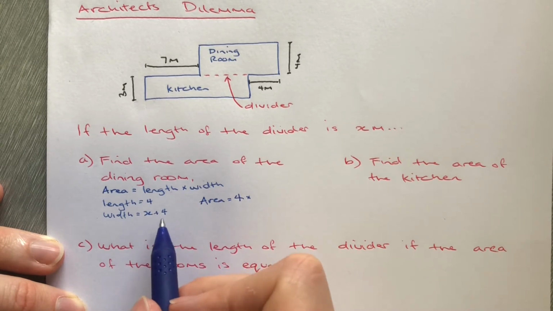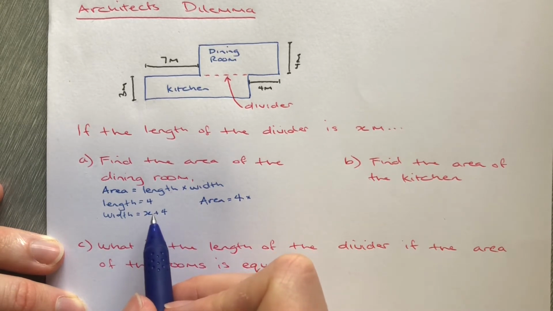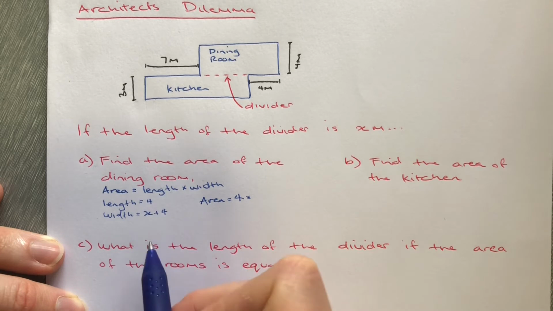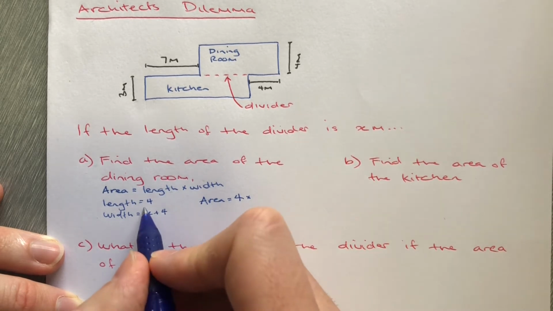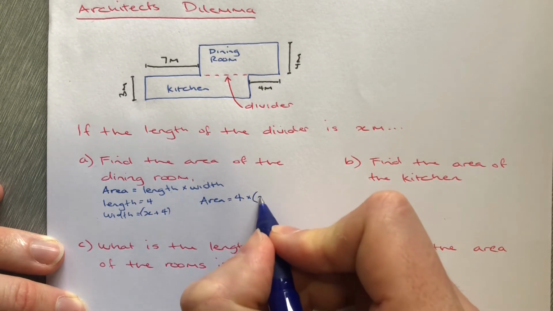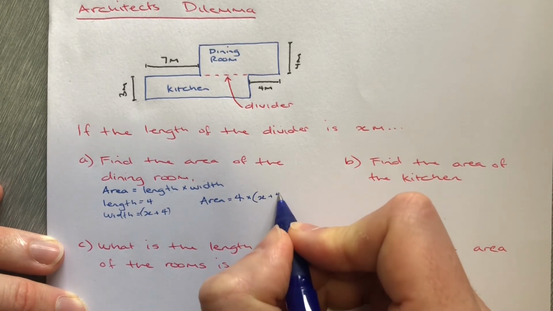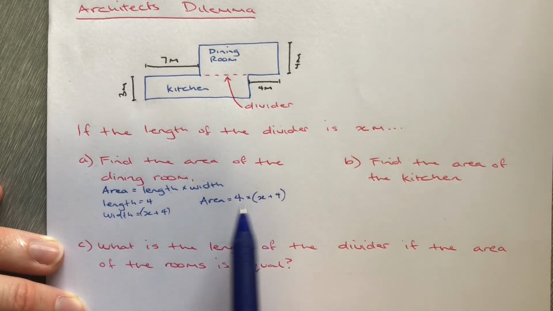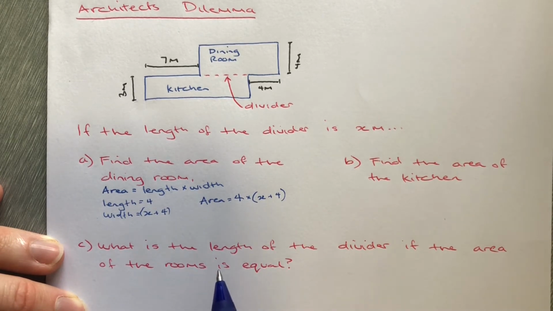Now this bit, we're not just timesing the x, or just timesing the 4, we're timesing the whole thing together. So it's important that we pop some brackets around there. So it's 4 times (x plus 4). Do you see how this looks really similar to what we were working with before? So we could expand that one out if we wanted to. For now, I'm just going to leave it as it is.